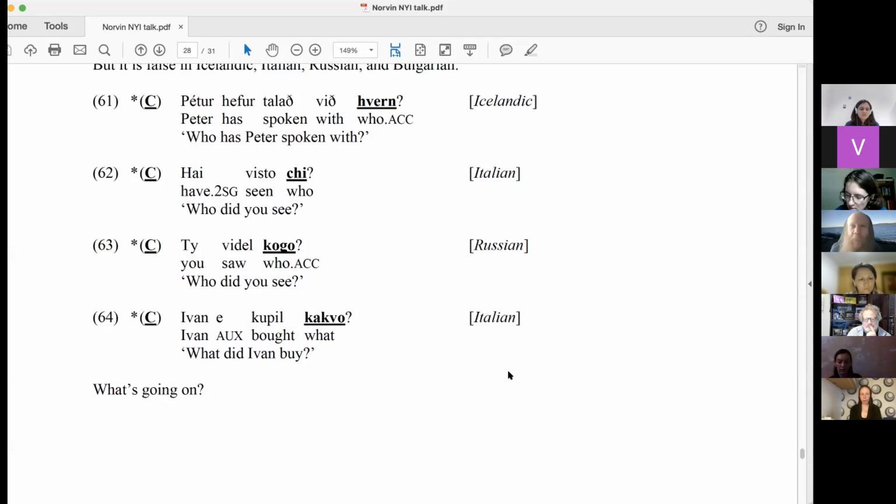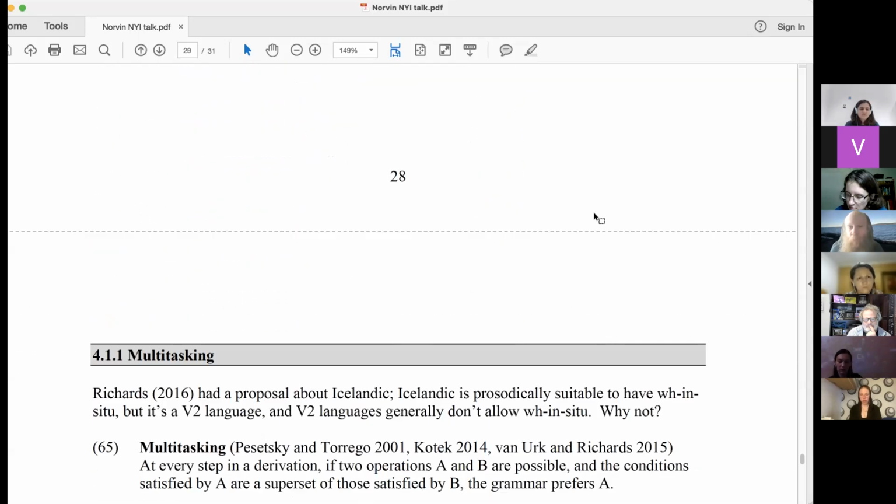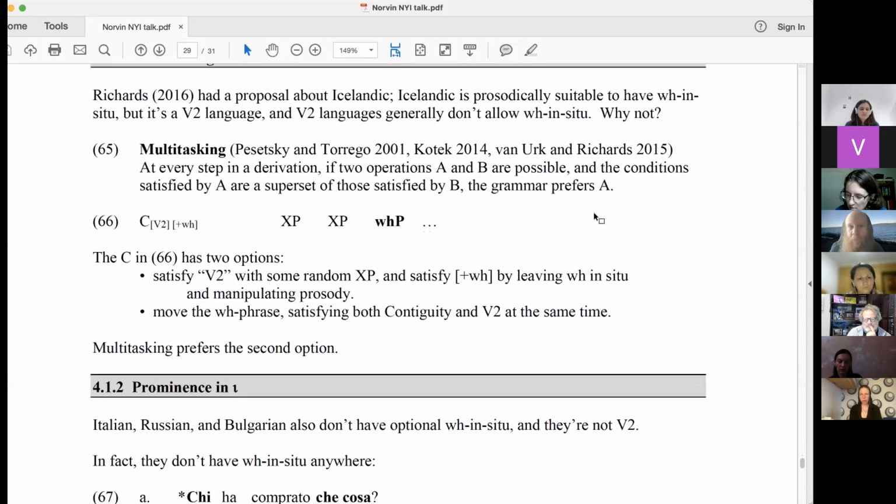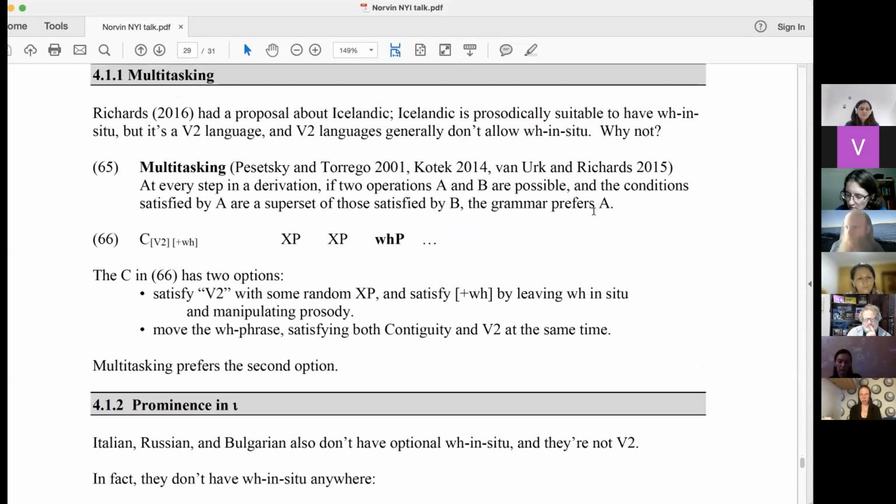For Icelandic, I had a story in the Contiguity theory book, which I think still works, which says Icelandic is V2, and V2 languages generally don't allow WH in situ. And maybe we can appeal to something like multitasking. So the idea will be, here I am, I'm a C in Icelandic.